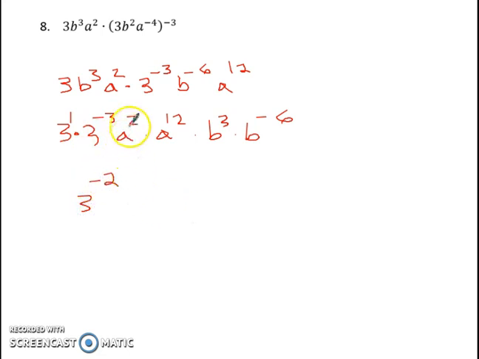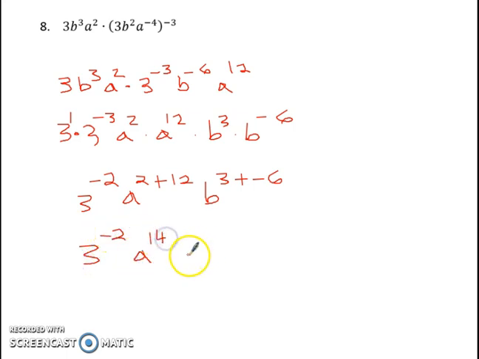I have a to the 2nd times an a to the 12th, that's a to the 2 plus 12 there. I have a b to the 3rd times a b to the -6, that gives us a b to the 3 plus -6. This results in a 3 to the -2 times a to the 14 times b to the -3 power.